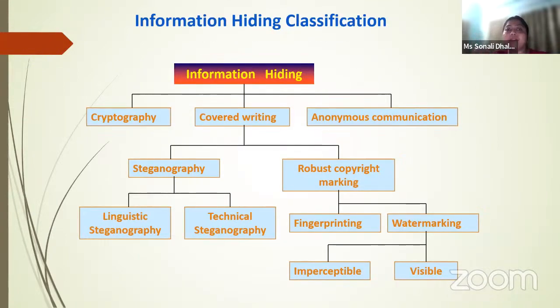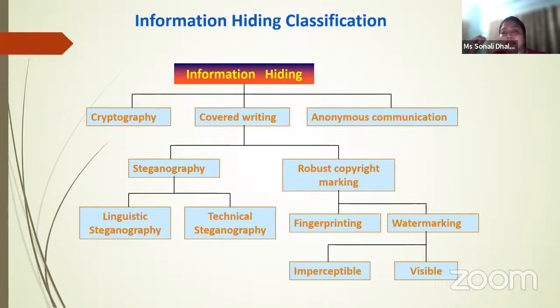These are a few information hiding techniques: cryptography, covert writing, and anonymous communication. Covert writing has two different parts, steganography and robust copyright marking. Steganography has two types, linguistic steganography and technical steganography.